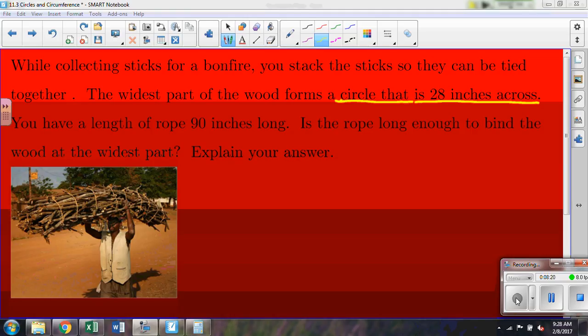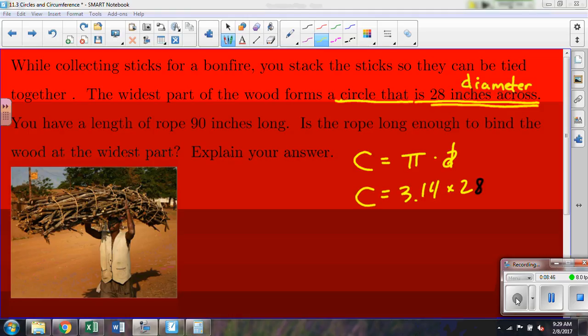Please recognize 28 inches across is telling us that's the diameter. And so we can take this circle, the circumference of a circle is pi times diameter. So our circumference is 3.14 multiplied by 28.